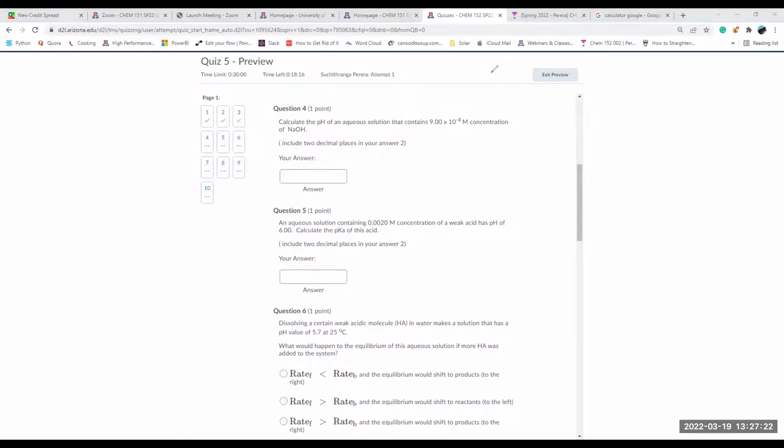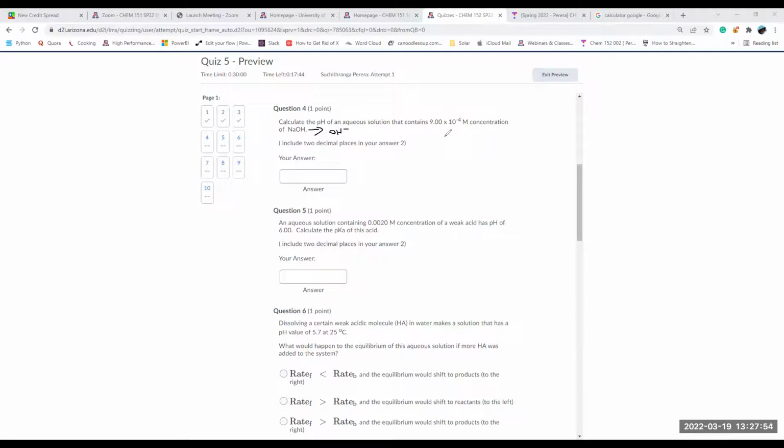Calculate the pH of an aqueous solution that contains this concentration of NaOH. Now again, we are given a strong base. A strong base provides OH minus ions to the solution. It's going to generate OH minus ions, and it's going to be a complete dissociation.